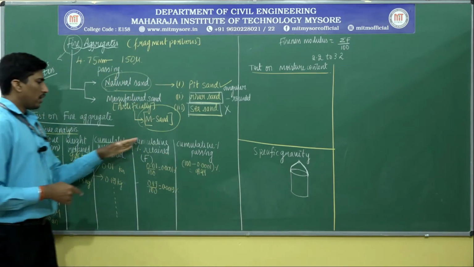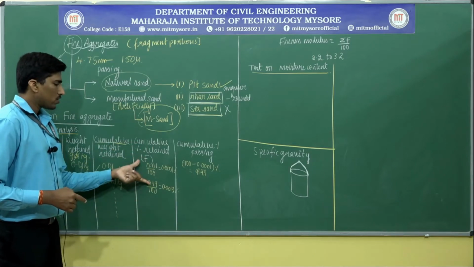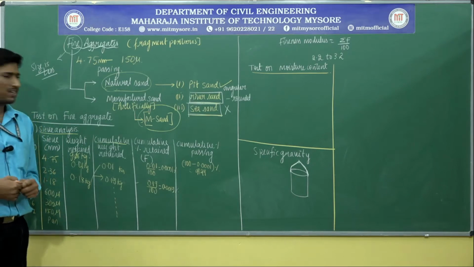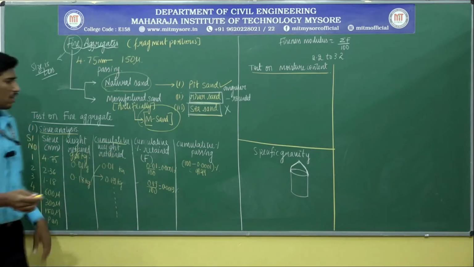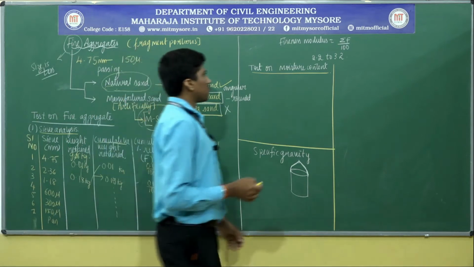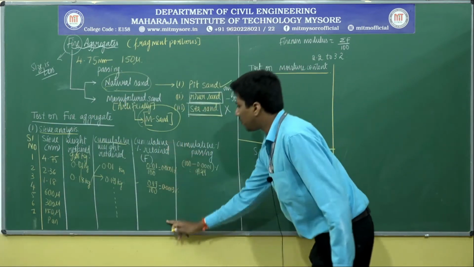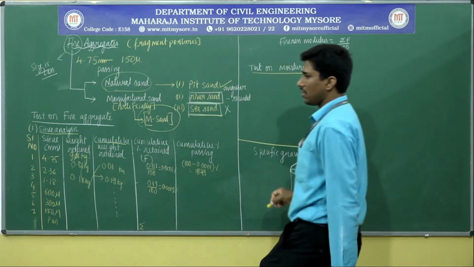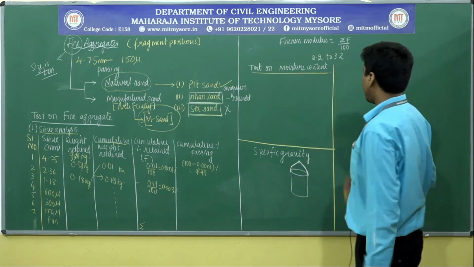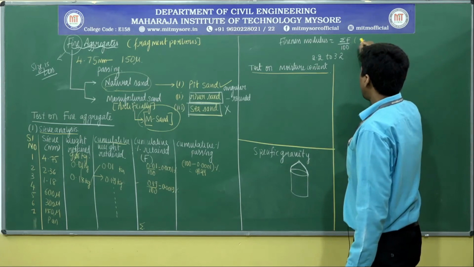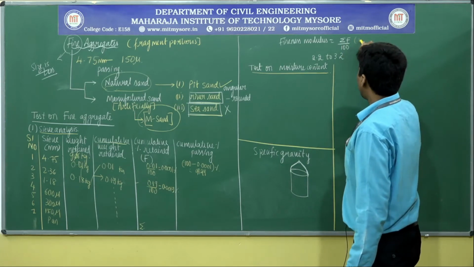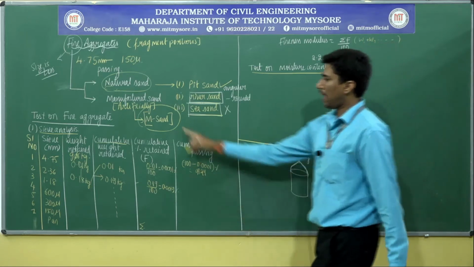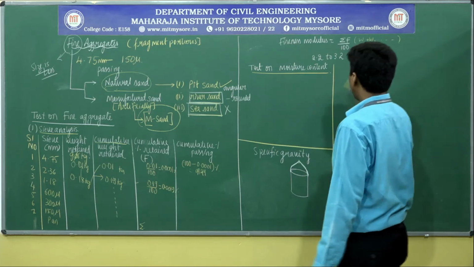Mainly, we take the percentage of the cumulative weight that has been retained. Along with this, you sum up all the weights retained, W1, W2 and so on up to the pan. We take it as a summation, sigma.